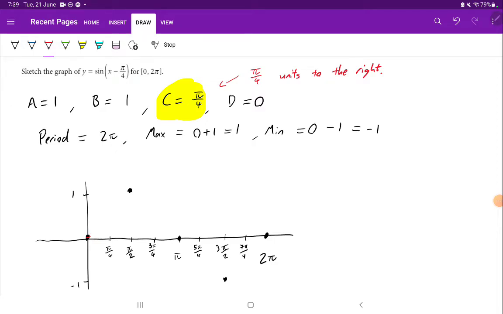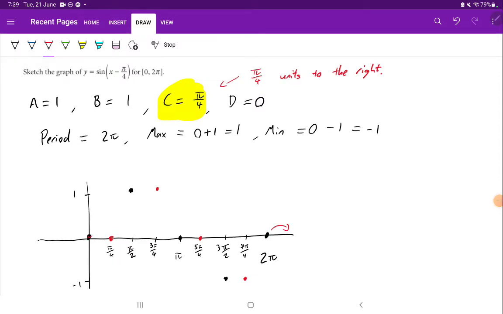So it's just going to move that point there, this point there, this point. Now this point here is actually going to move out of the domain, so it's actually just leaving. Because remember, the domain is from 0 to 2 pi. So this is going to give us a picture of the graph that we actually want.